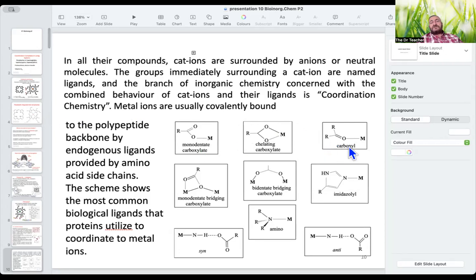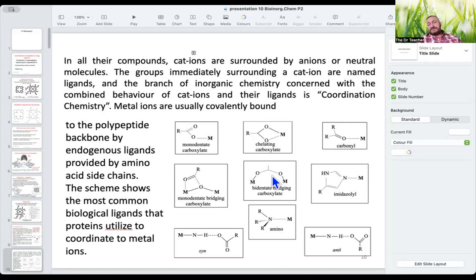Okay, so now we have a carbonyl. This is the carbonyl, C double bond O, to the metal center. We have bidentate or chelate carboxylate. We have monodentate, one bond from the oxygen to the metal. We have monodentate bridging. This is monodentate bridging between the two metals.